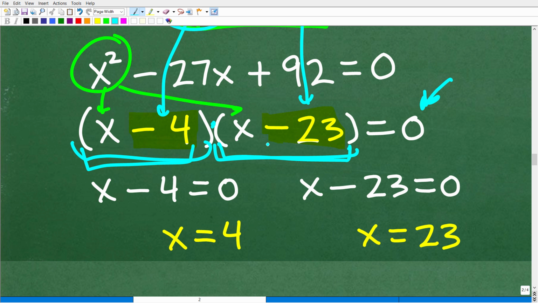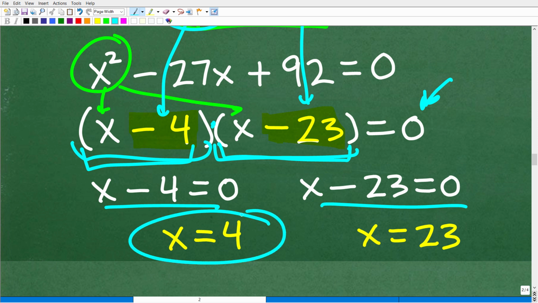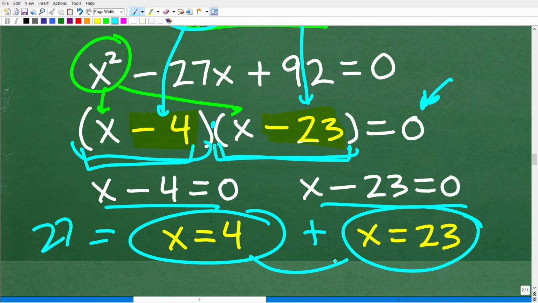So what we're going to do is set each factor equal to 0: x minus 4 is equal to 0, and x minus 23 equal to 0. And when we solve for x, we get 4 and 23. Okay, so 4 and 23, if we add them together, guess what? Indeed, we get back to 27. And when we multiply them, we get back to 92, which is the product.